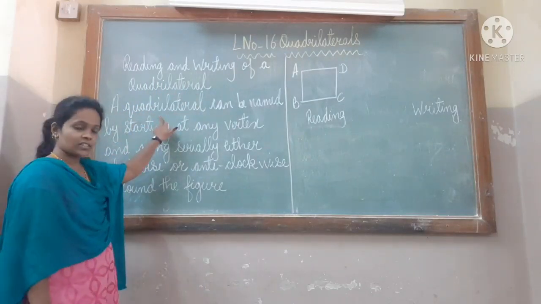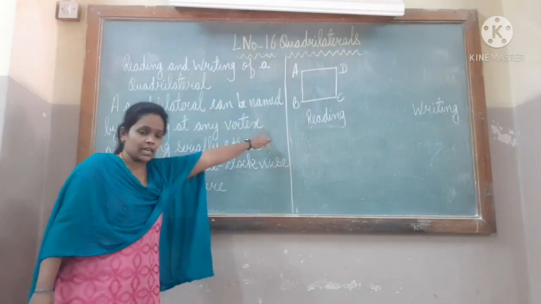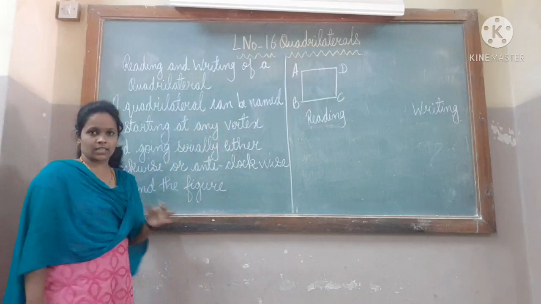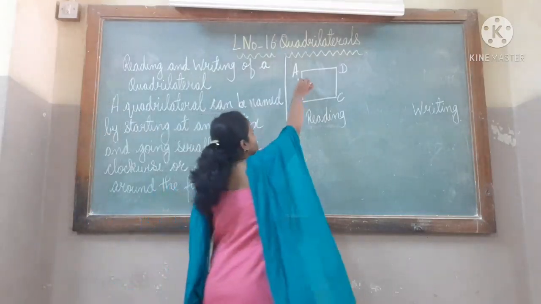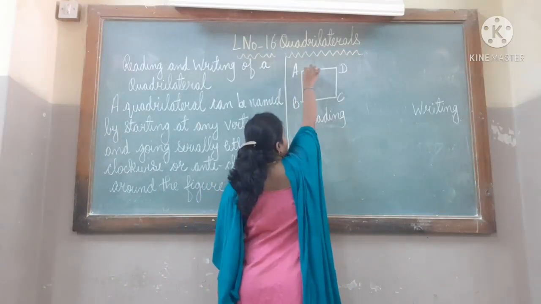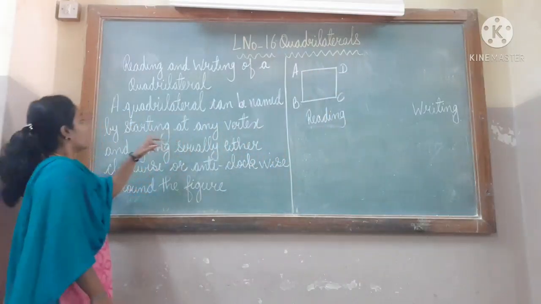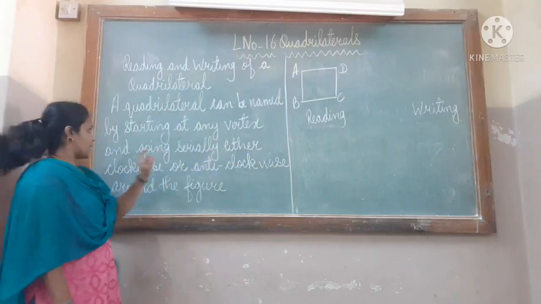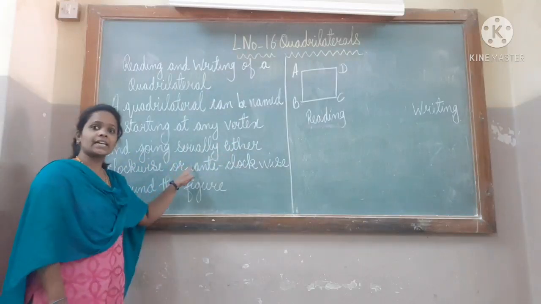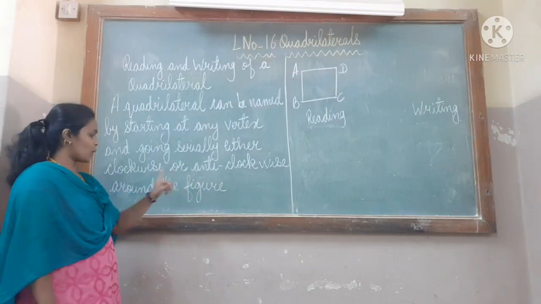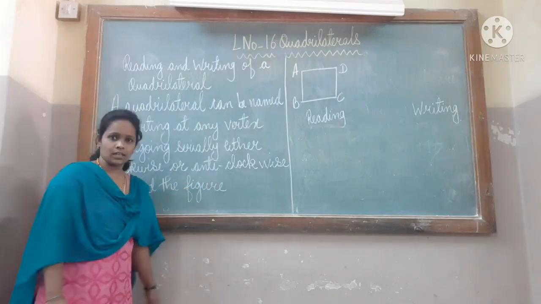A quadrilateral can be named by starting at any vertex. Any vertex means, see here these points: vertex A, vertex B, vertex C and vertex D. At any vertex and going serially either clockwise or anti-clockwise around the figure.